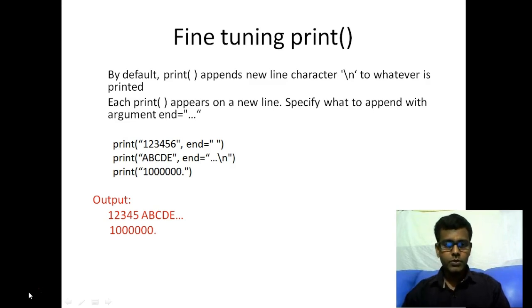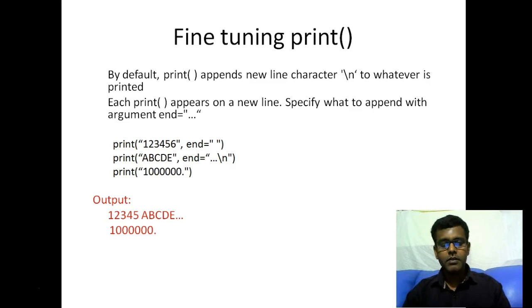Now I don't want to print in the next line. I want the data to be printed on the same line. So how do you do this? First give print 1, 2, 3, 4, 5, 6, comma, end equal to a blank space, then give the next print statement, so that the next data A, B, C, D, E gets printed on the same line after a blank space.